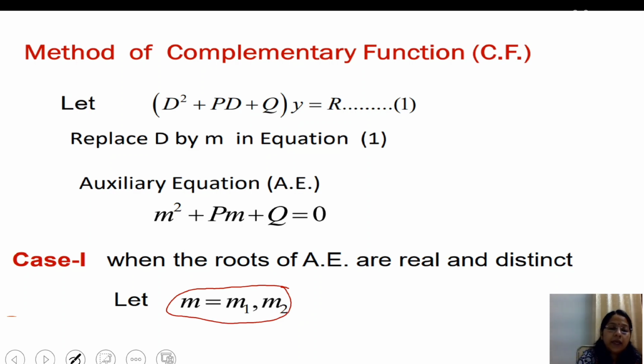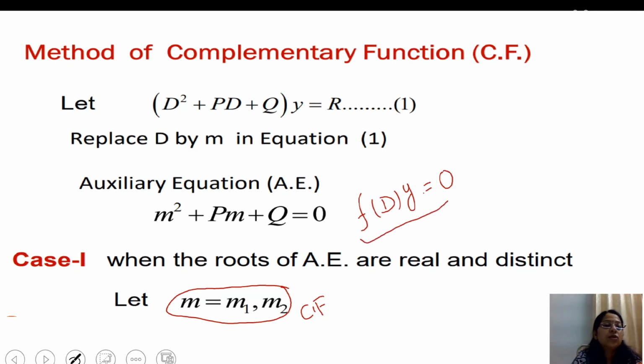Then directly we can write the complementary function for f(D)y equal to 0, and this complementary function is the half solution for a general differential equation, which is an ordinary linear differential equation with constant coefficients. So CF becomes, when the roots of the auxiliary equation are real and distinct, C1 e raised to the power m1x plus C2 e raised to the power m2x.